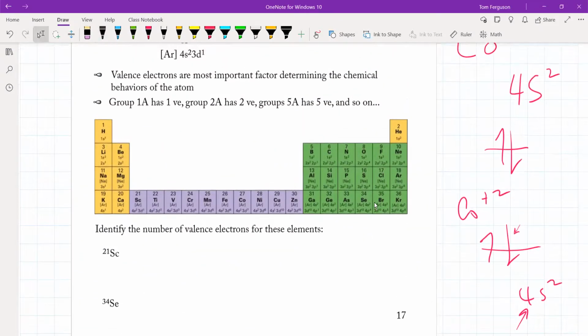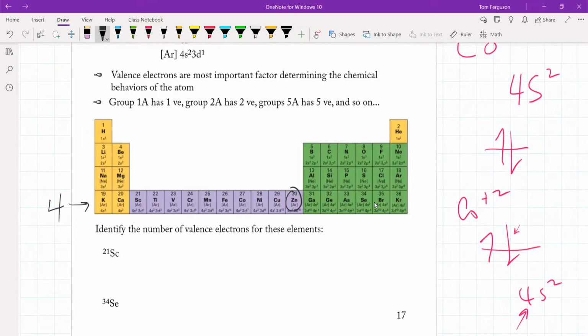Okay, let's look at zinc. Now zinc is going to be, that's shell 4.